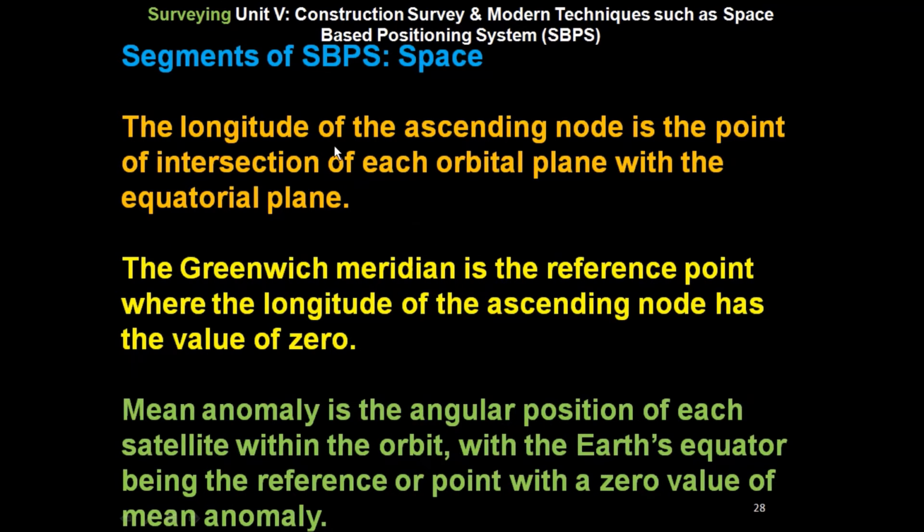The longitude of the ascending node is the point of intersection of each orbital plane with the equatorial plane. The Greenwich meridian is the reference point where the longitude of the ascending node has the value of 0. Mean anomaly is the angular position of each satellite within the orbit, with the Earth's equator being the reference point with a 0 value of mean anomaly.